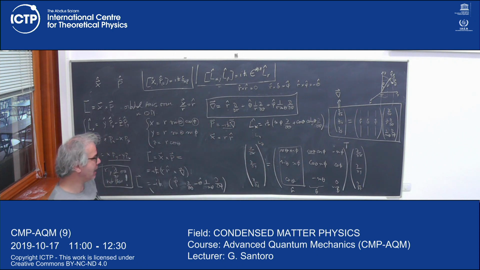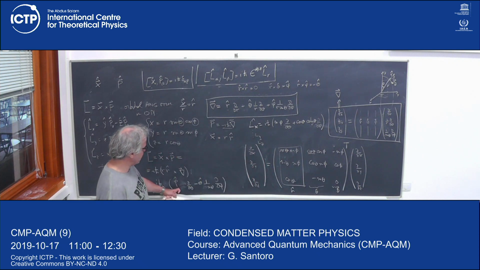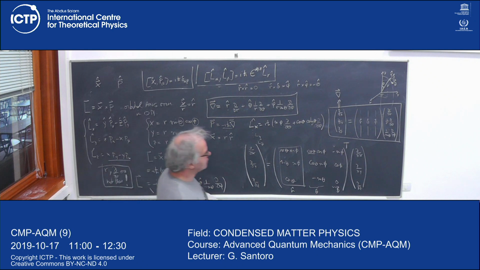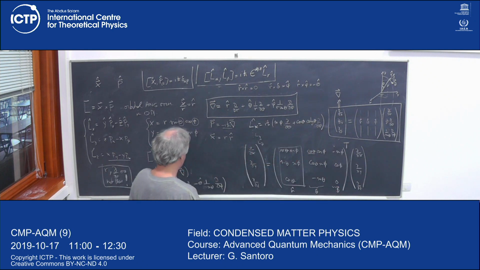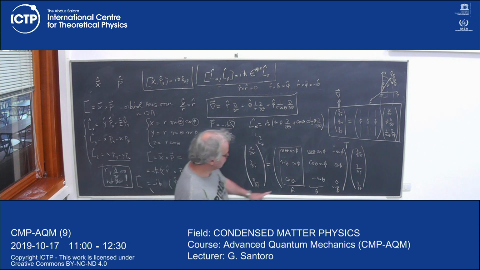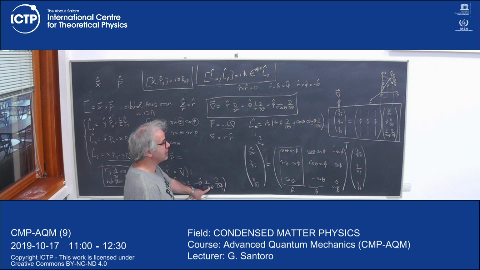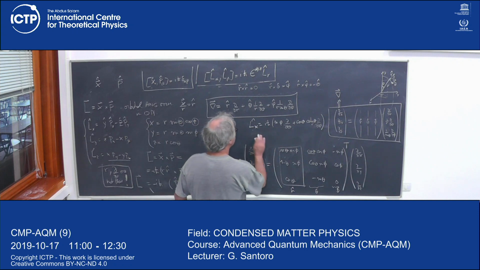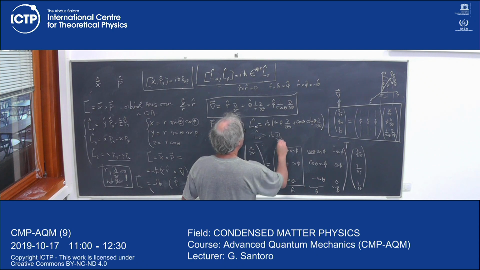Let's write Lz. Okay? So Lz is third component of this and third component of this. But phi has no third component. So the only thing that has a third component is this. So I have minus and minus is a plus. And the third component of theta is sine theta. It cancels with the sine theta. So let me write Lz because it's really simple. There it is. Okay?